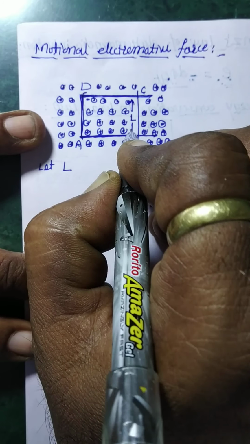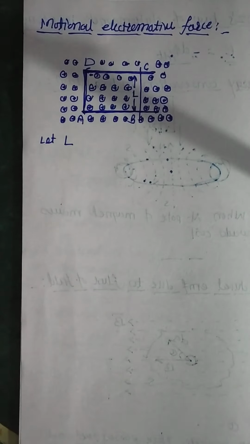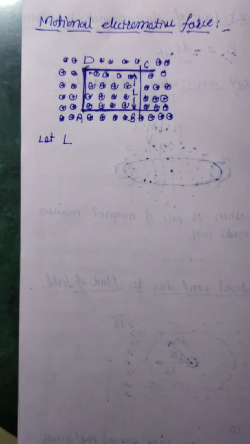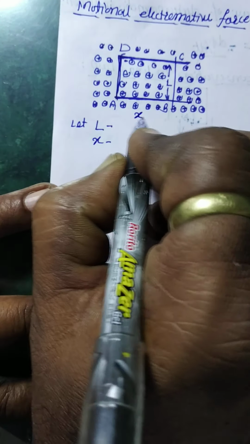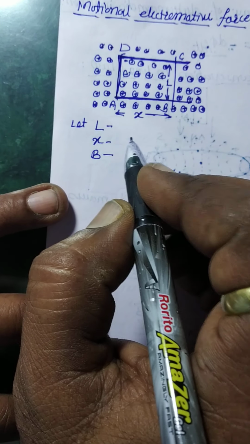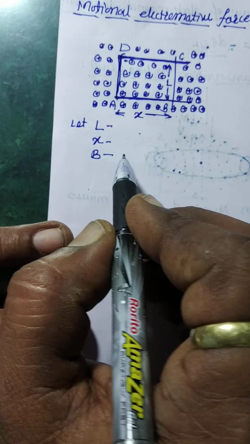Let L be the length of the frame, X the breadth of the frame, and B the magnetic induction of the uniform magnetic field.